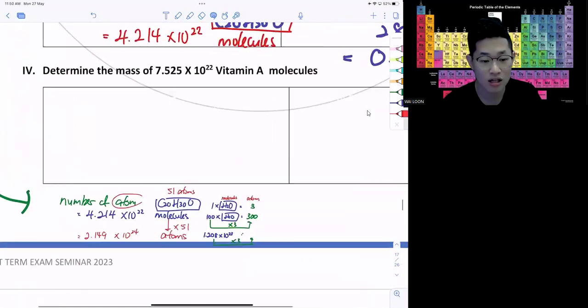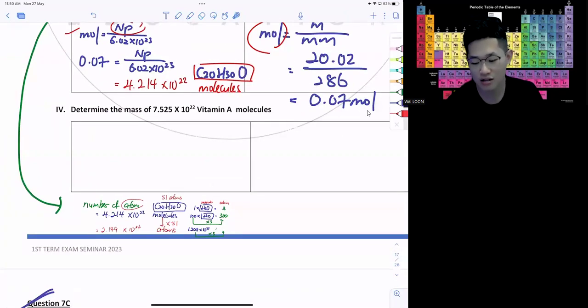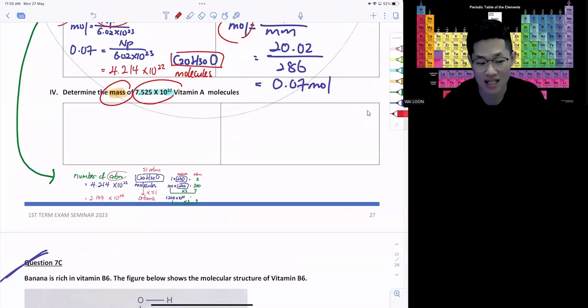Okay, continue with this question. Can you all try to do this yourself? They want you to find mass, but they gave you a number like this. So decide which formula to be used first, and then sub in the value correctly.